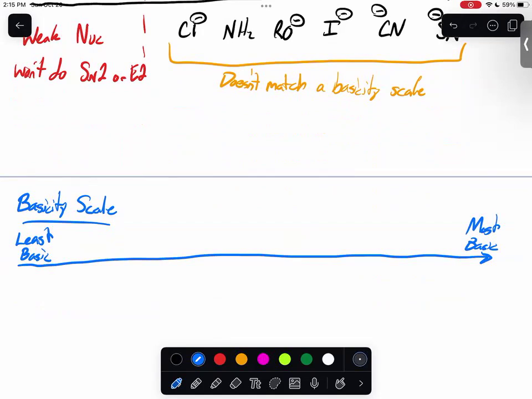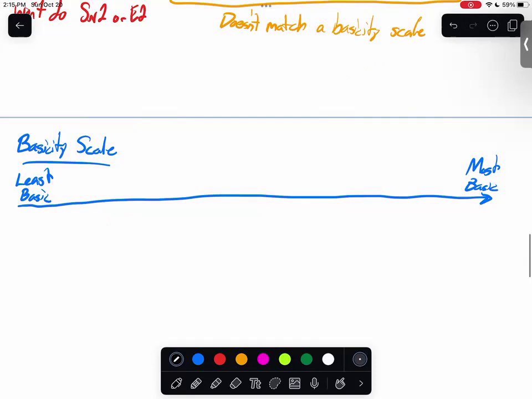So we're only worrying about things that have a negative charge. Well, all the way over here on the left with the least basic, that is going to be things like iodide. Because remember, the iodide is a conjugate base of a strong acid. So it's all the way over here at being a really poor base. And so as we move down the line, we see that our nucleophilicity scale and basicity scale are a little different for all of the things with negative charges.